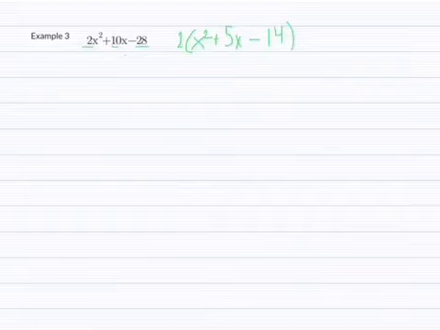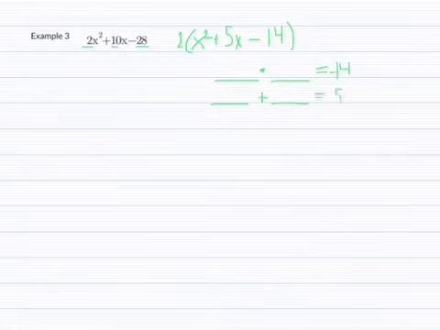Alright, and then we have 5 and 14 now. We're going to carry this 2 through our problem. But before I do, let's think of the factors that multiply to get to negative 14, and we'll add to equal positive 5.